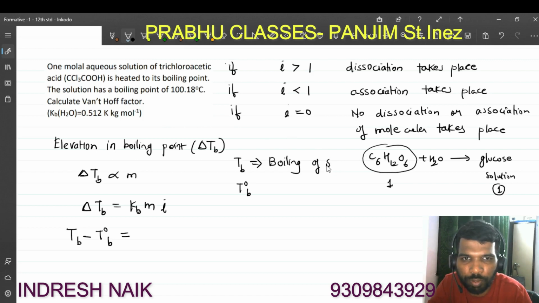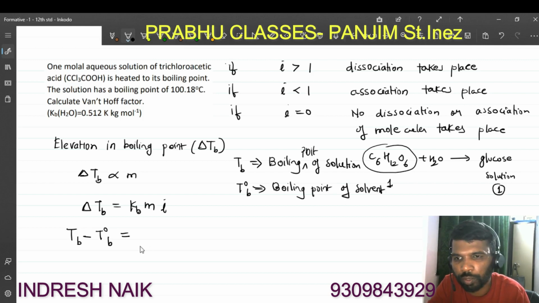That will be higher. And T naught b is the boiling point of the solvent, and this is Kb into m into i. Here the solvent is water, they have mentioned aqueous solution.